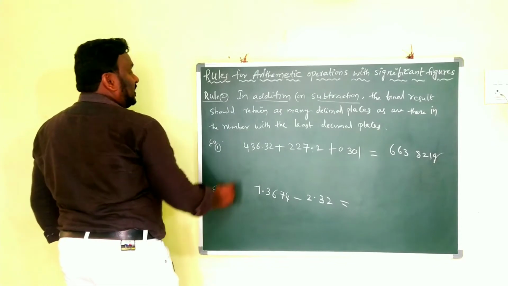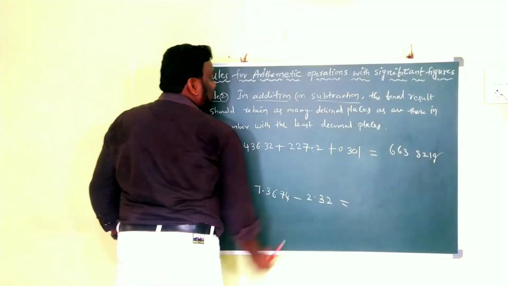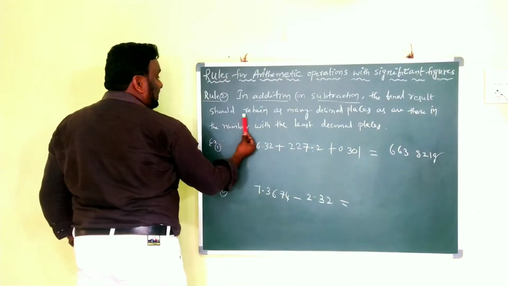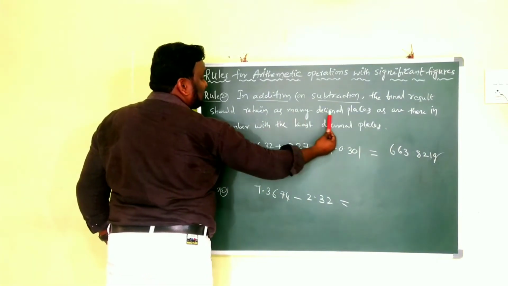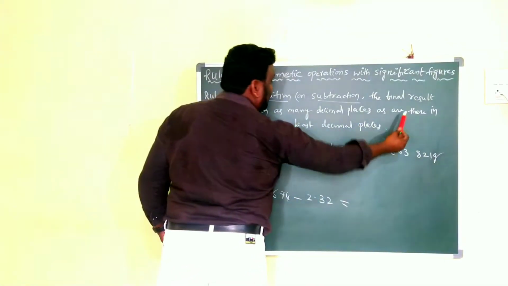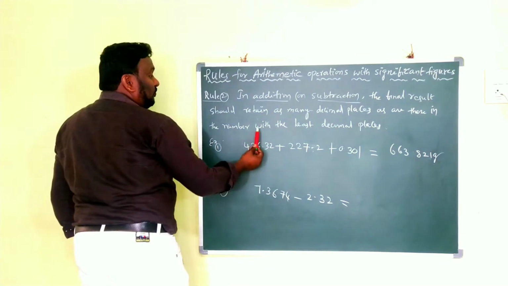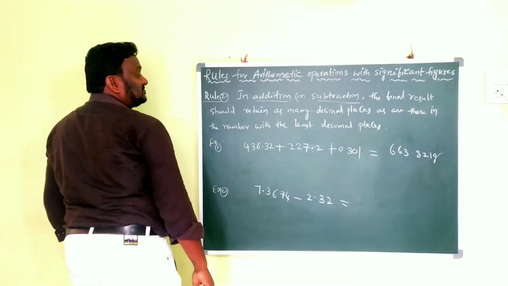Just see once. In addition or subtraction, the final result should retain as many decimal places as are there in the number with the least decimal places.